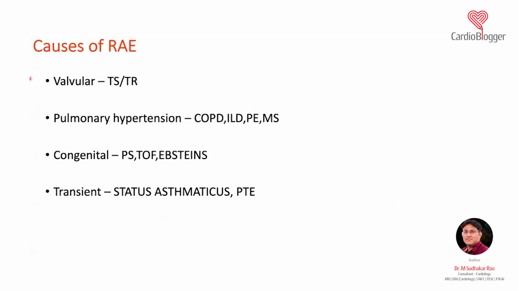But any disease which causes pulmonary hypertension, like mitral stenosis, which can cause pulmonary artery hypertension and can cause right atrial enlargement, or a congenital heart disease like pulmonary stenosis, tetralogy of Fallot, or Epstein's anomaly, or any lung diseases like COPD, ILD, pulmonary embolism, those types of things, or any disease like bronchial asthma or pulmonary embolism can cause right atrial enlargement. So if somebody asks you what are the various causes of right atrial enlargement, you should be able to tell at least these are the various causes of right atrial enlargement in ECG.